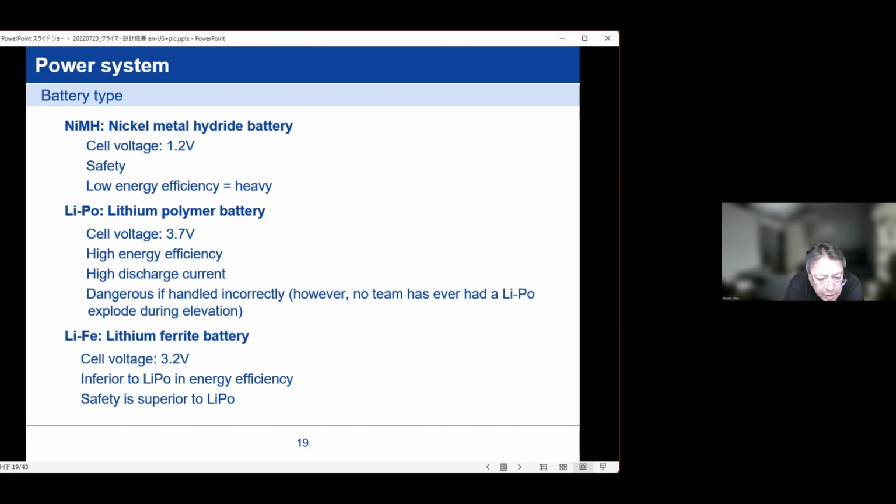And then there is the lithium ferrite battery. This is also a lithium battery similar to the lithium polymer, with a cell voltage of 3.2 volt. The energy efficiency is lower than lithium polymer, but in terms of safety, this lithium ferrite is better than lithium polymer.